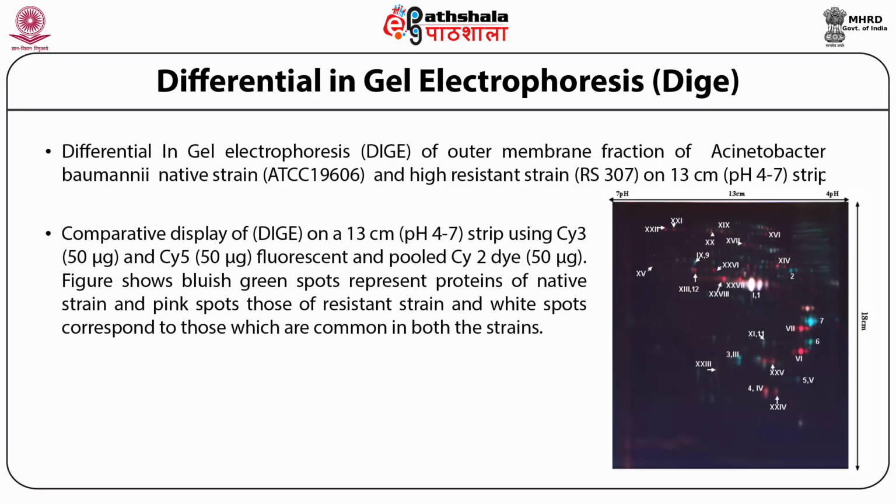The gel image shows the overlap image of all the three dye labeled proteins, and from this you can see which are the proteins that are differentially expressed and the proteins which are common in both. These images were further analyzed using DeCyder software.